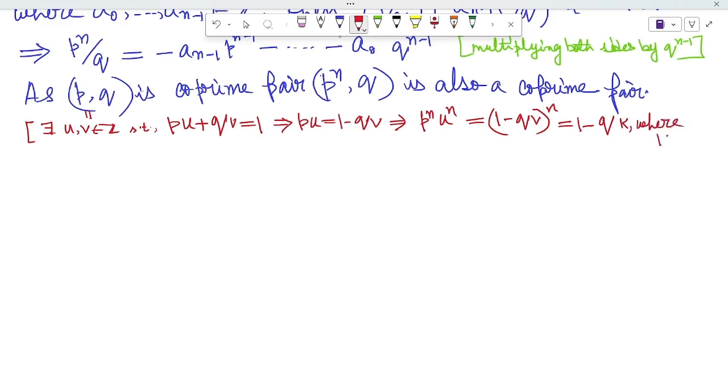Alright. If k comes from Z, that means p to the power n u to the power n plus qk is 1. That means they are co-prime.